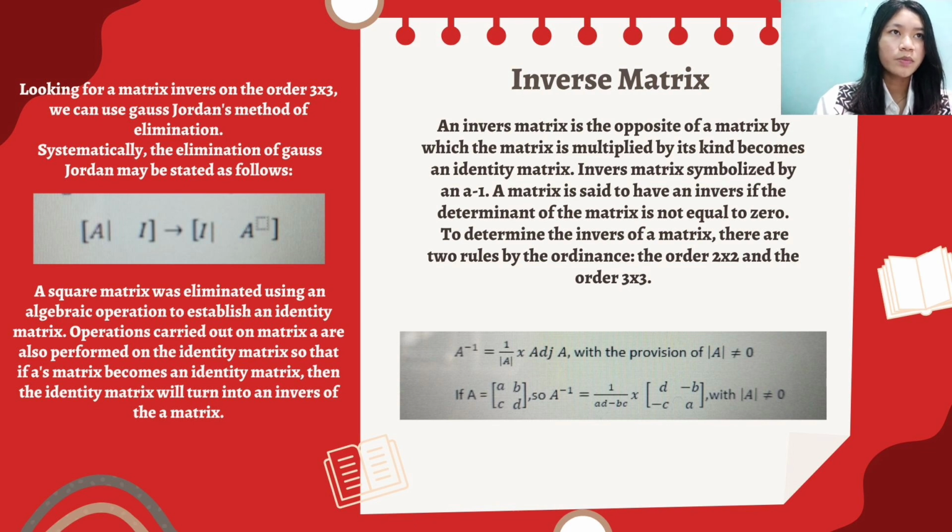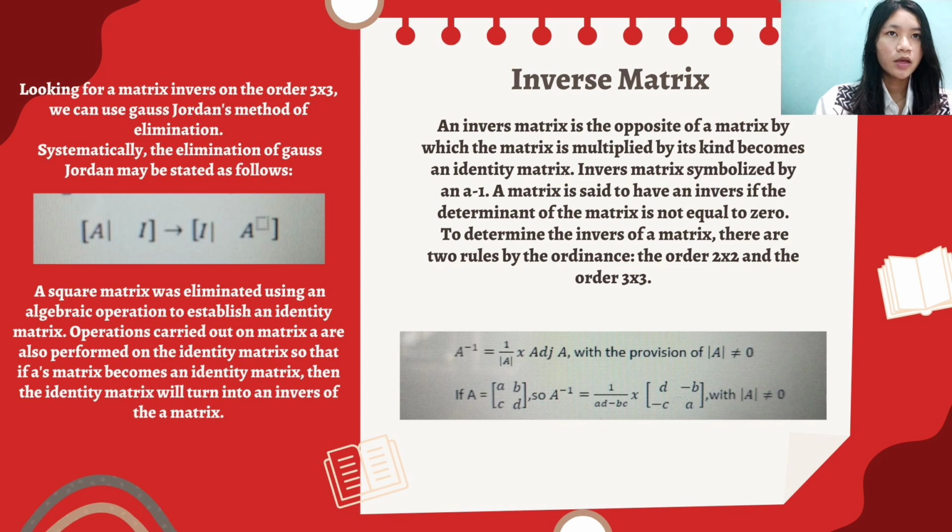A matrix is said to have an inverse if the determinant of the matrix is not equal to 0. To determine the inverse of a matrix, there are 2 rules based on the order: order 2 by 2 and order 3 by 3.